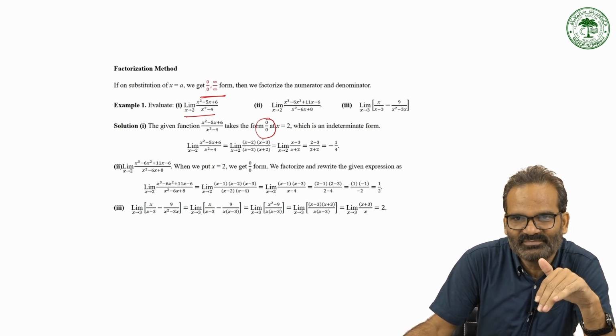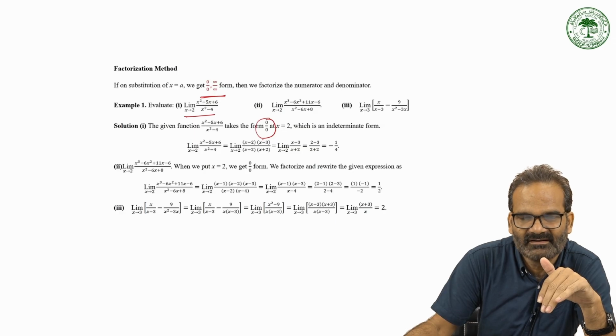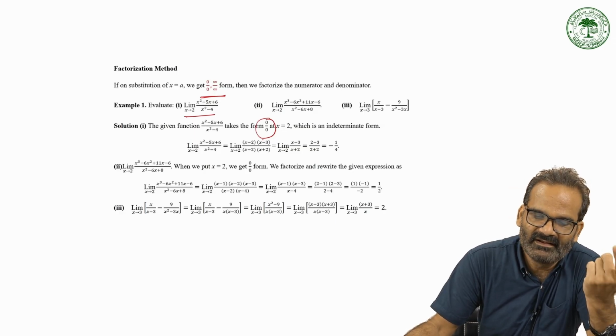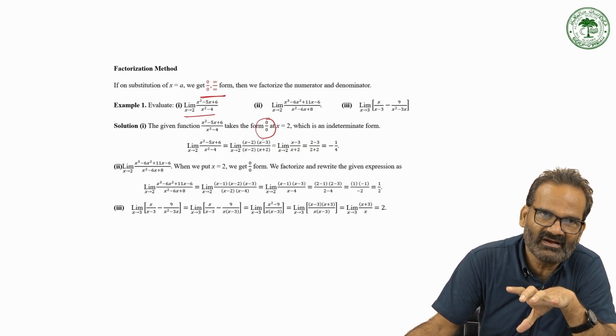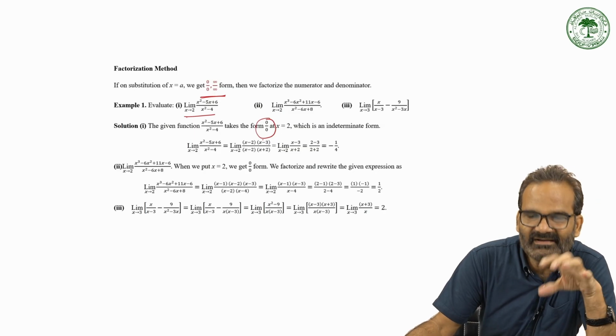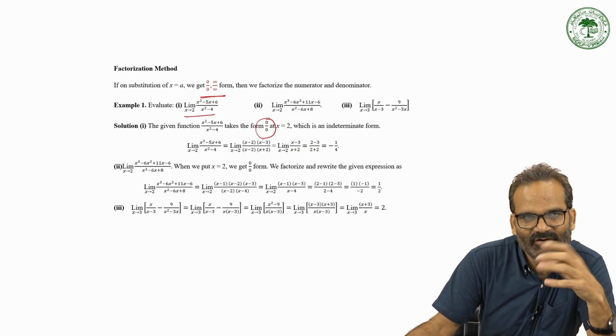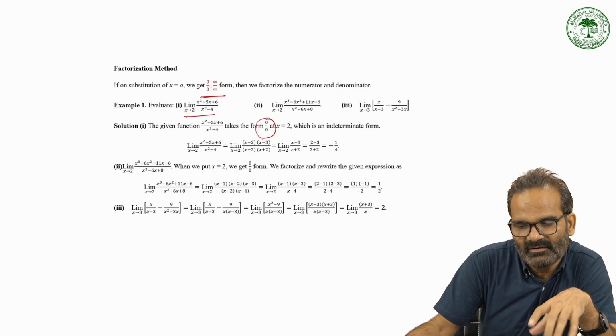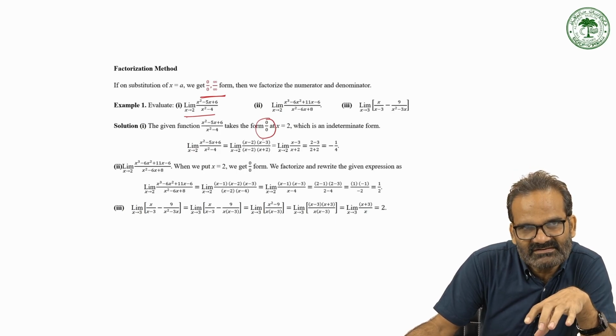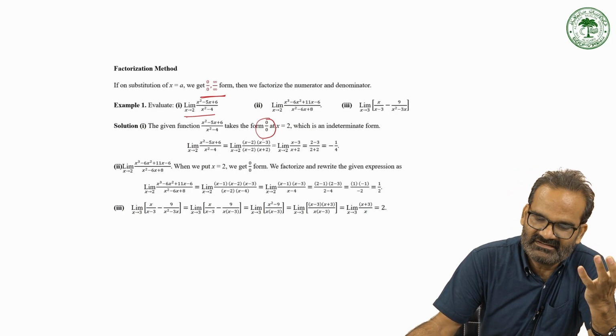Now we will opt for the method of factorization. For the numerator x square minus 5x plus 6, find the factors, and for the denominator x square minus 4, find the factors, and then see what happens.